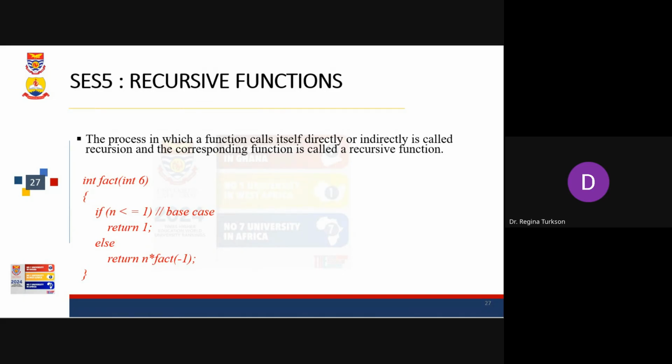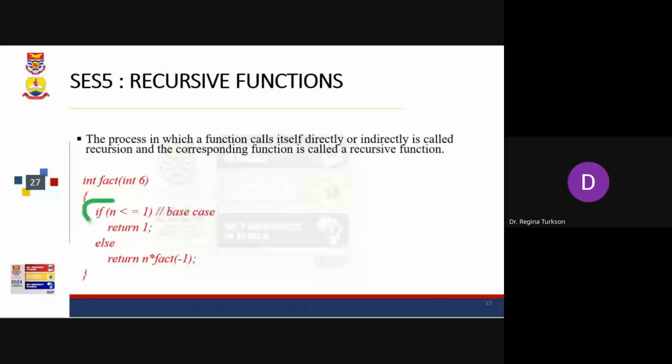So for 6, it will multiply by 5, 4, 3, 2, 1. But according to the factorial rule, any number less than or equal to 1 is the base case, and the factorial of that number is 1. That is why we have: if n is less than or equal to 1, return 1.